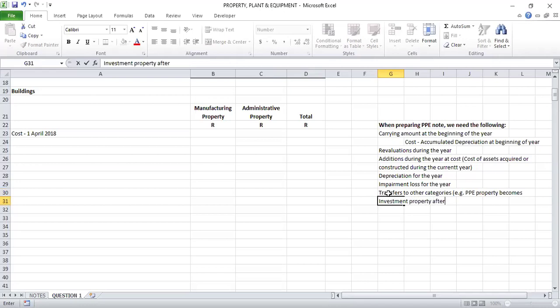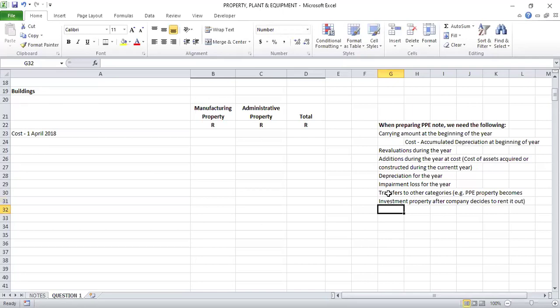The company decides to rent it out. You can have your building which you are using, then you decide to rent it out. You have to remove it from PPE. It's no longer PPE. It's now what? Investment property. So you take it out from PPE and transfer it to investment property.